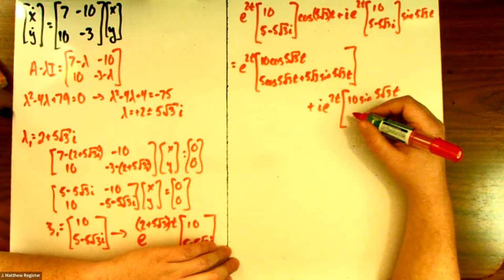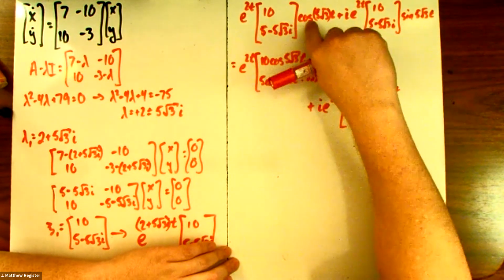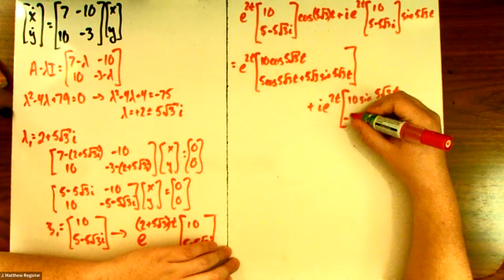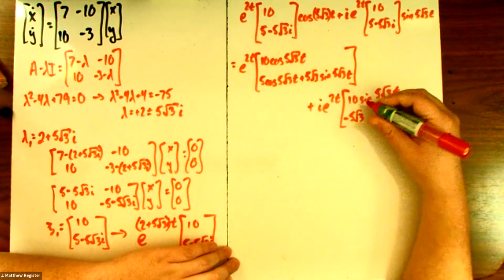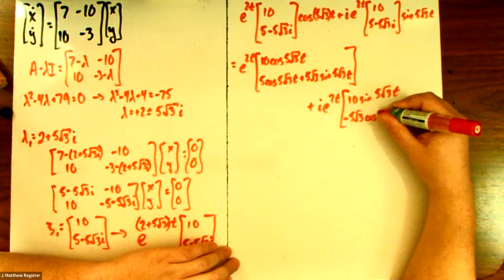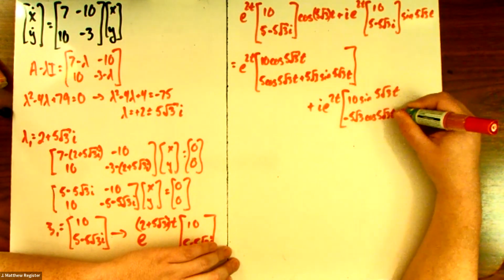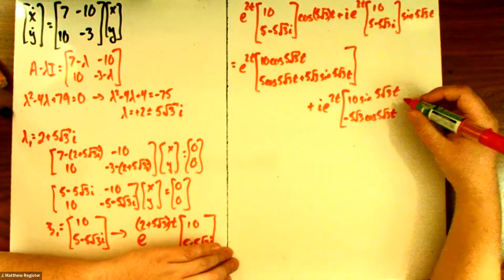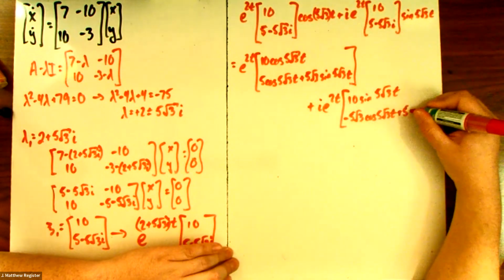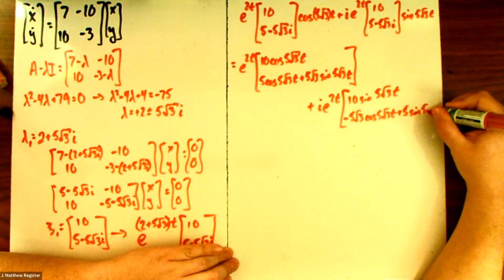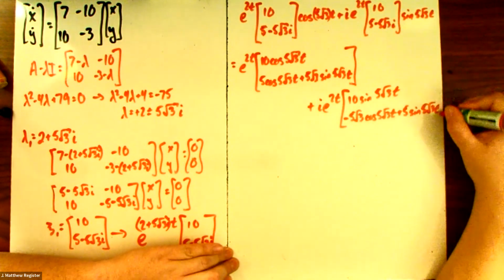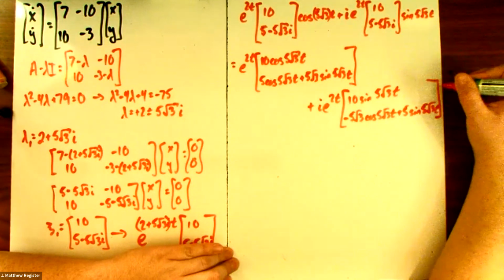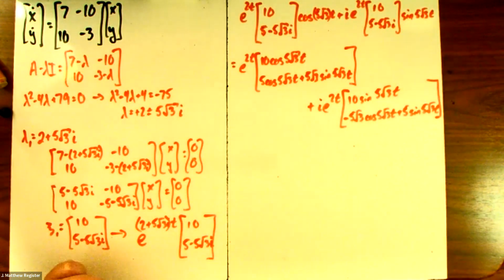On the bottom, we're going to have the cosine term here, a negative 5 root 3 cosine of 5 root 3 t. And then on this side, we're going to have the 5 sine term, 5 root 3 t. And the good news is that's the bulk of the work done there.